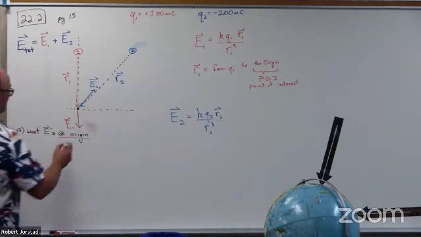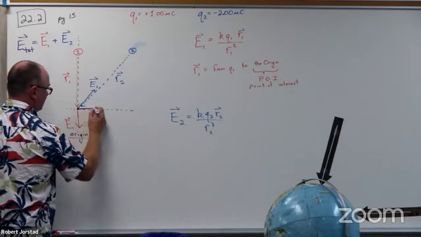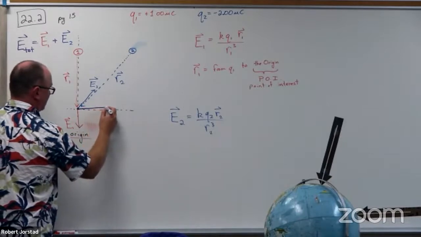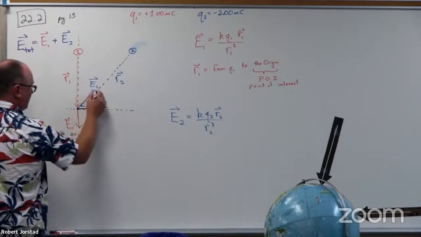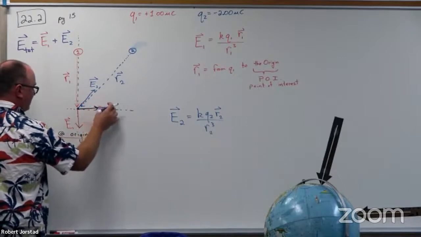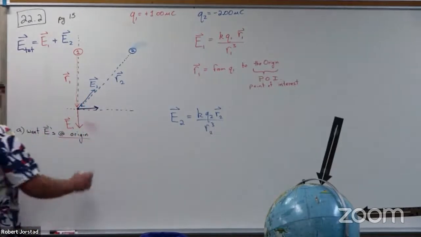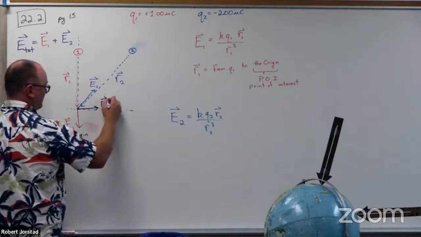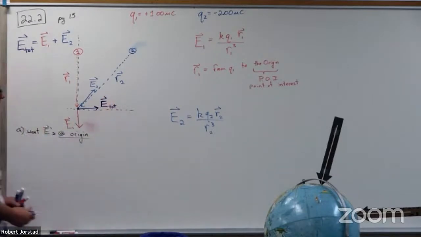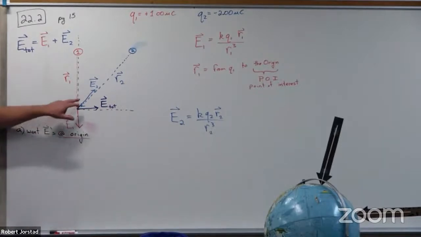It ends up being this way. We go up here and straight down, so it's probably going to end right about there. I'm maybe not drawing this perfect, but we think this should be E total or E net. Again, the idea is we can get each vector separately, then add them together. That is the superposition principle. All right.